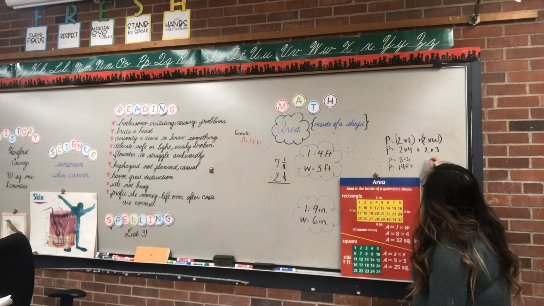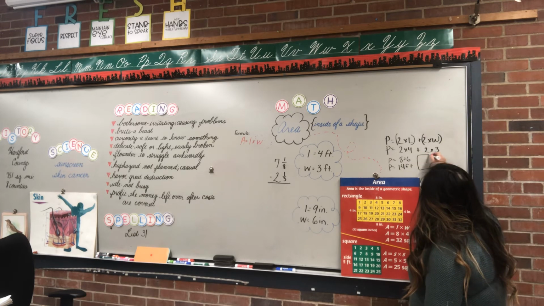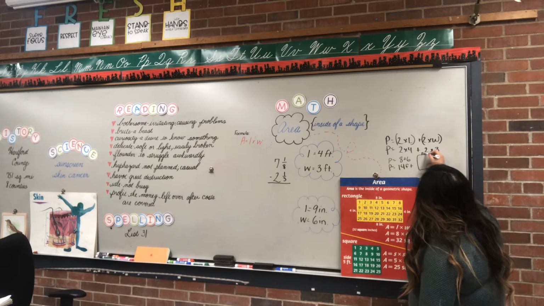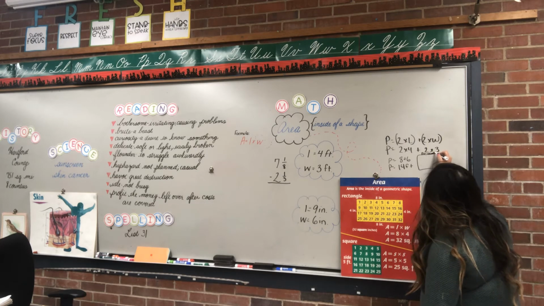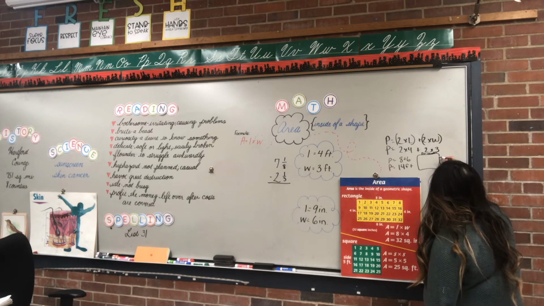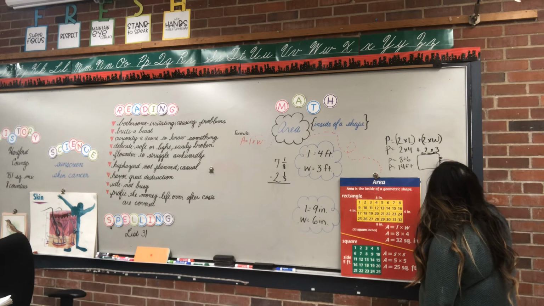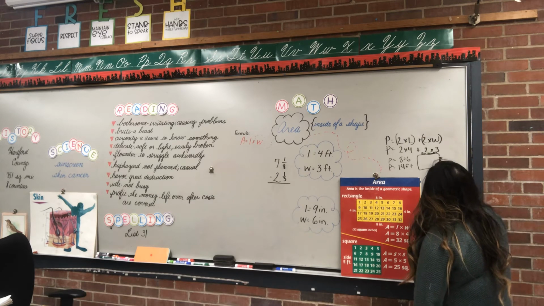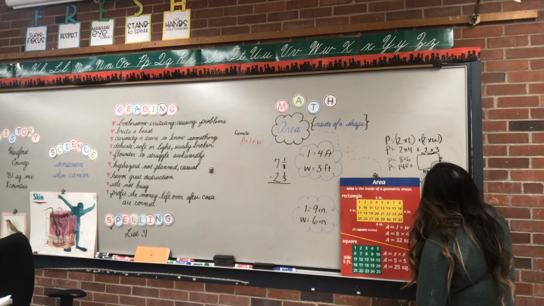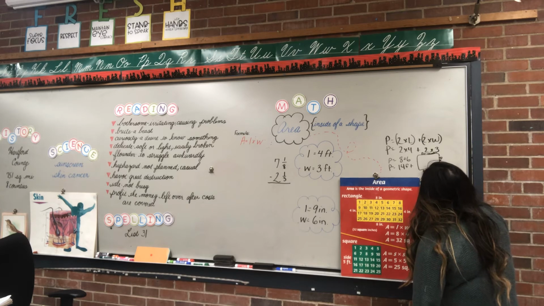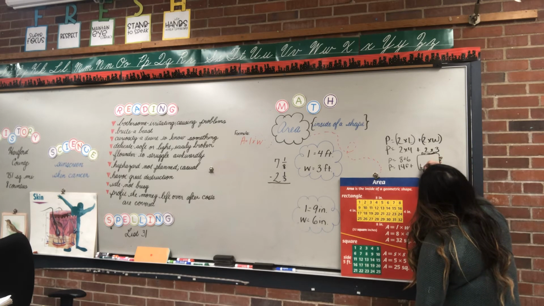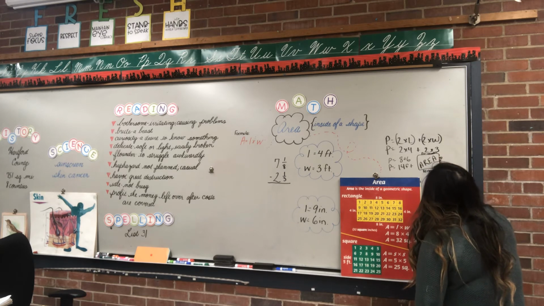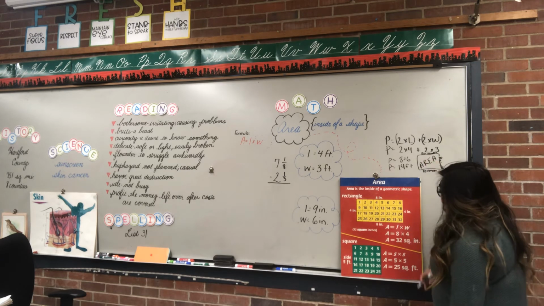Remember, this is the outside. This is the perimeter. This is like your fence. And then area is the inside. This is like where the actual playground is. The more important part, the part in there.